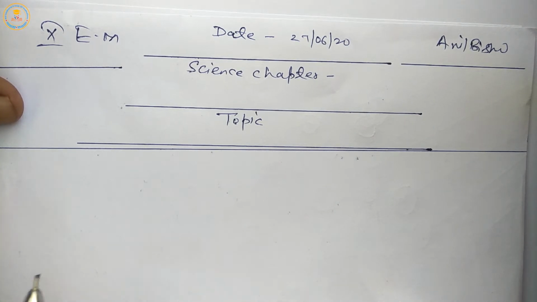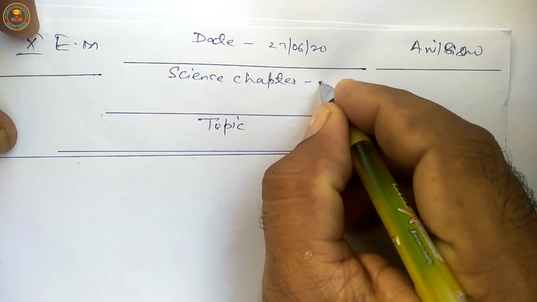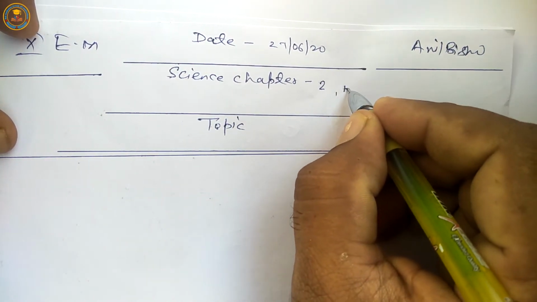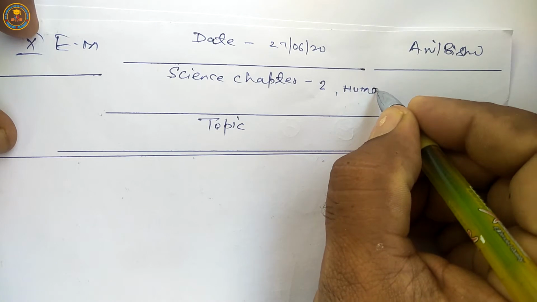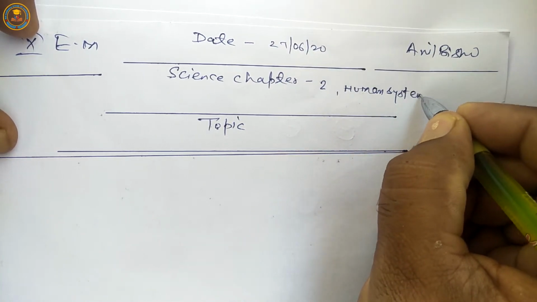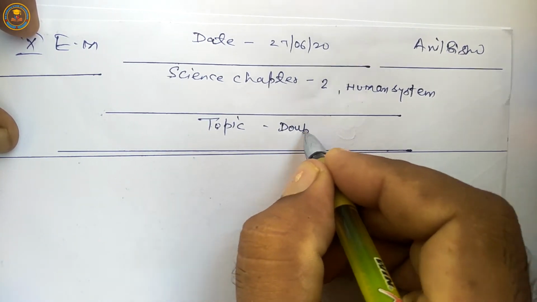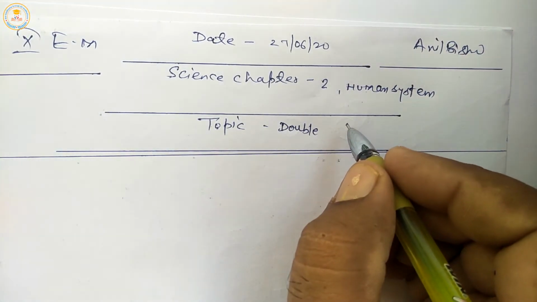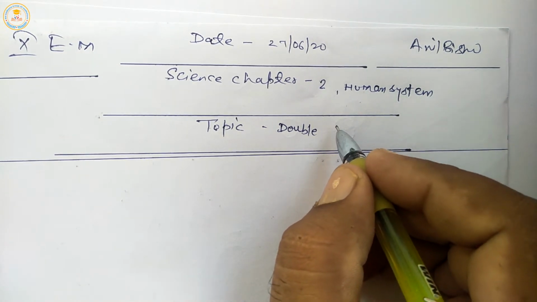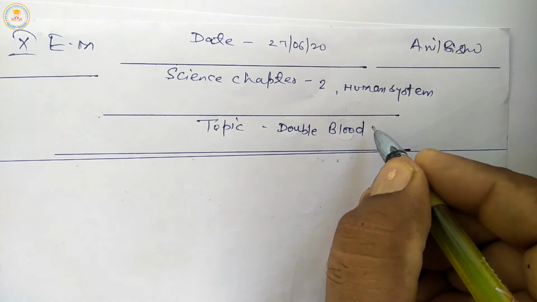Today we are starting again class 10th science book chapter 2, human system, and today's topic is double circulatory system or double blood circulation.